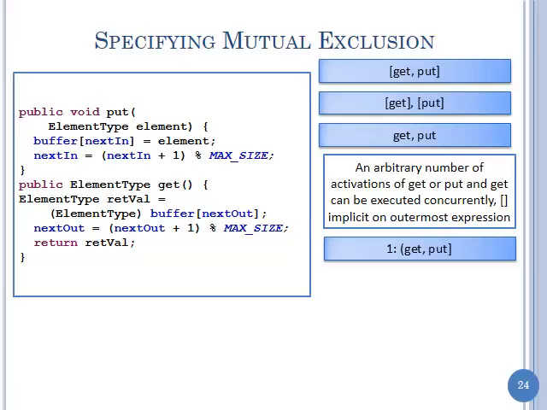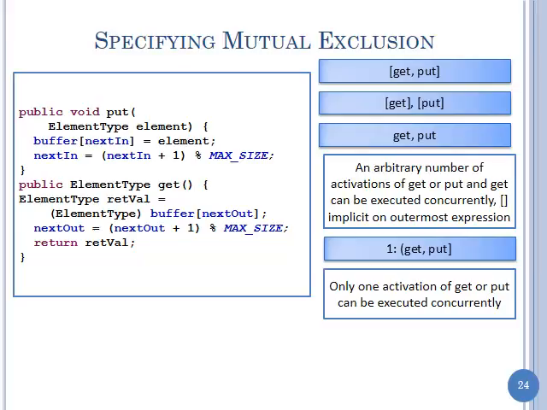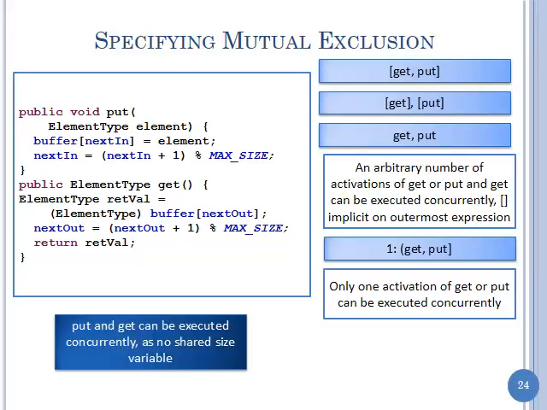So 1 is going around both get and put. What you want is a 1 around only. Okay, so put and get can be executed concurrently as no shared variable. So we want one of get, one of put, doesn't matter what order they're executed.